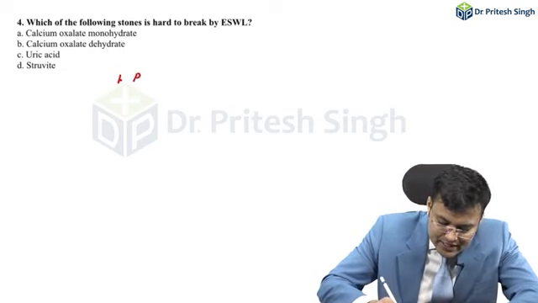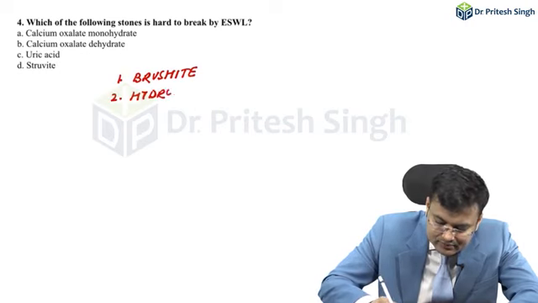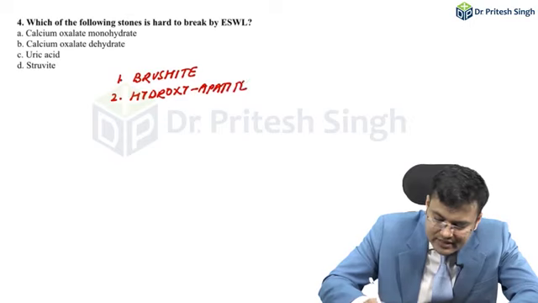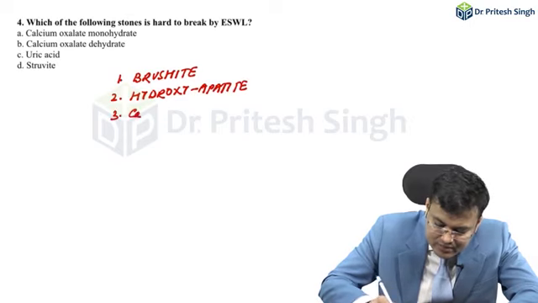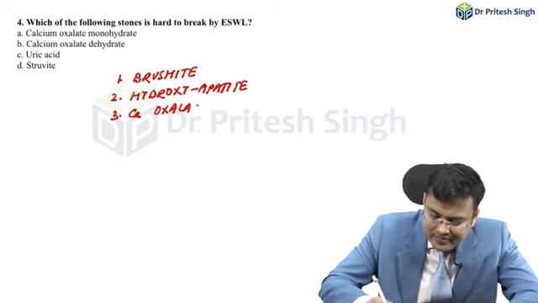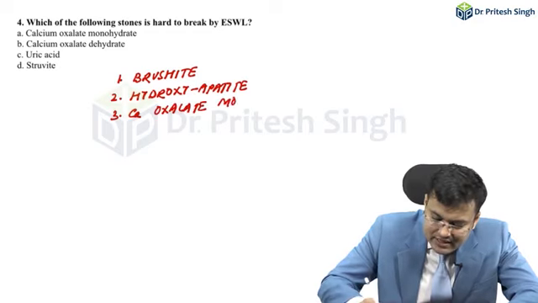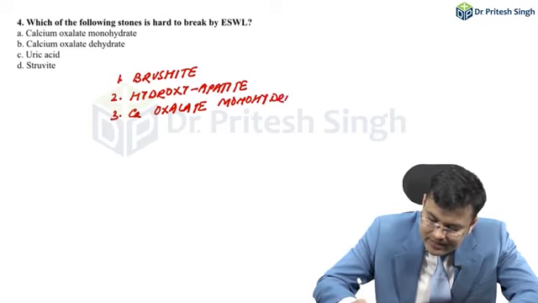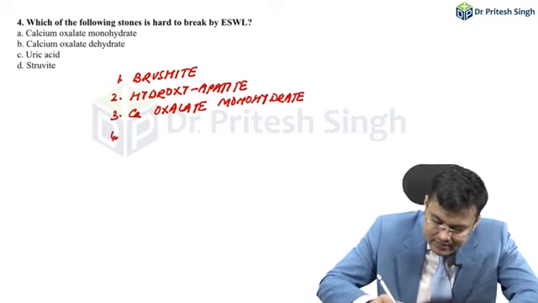First is brushite, second is hydroxyapatite, third is calcium oxalate monohydrate, and cystine.